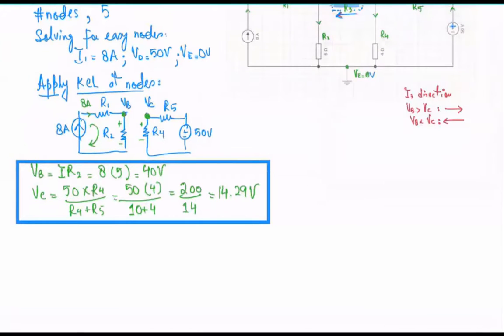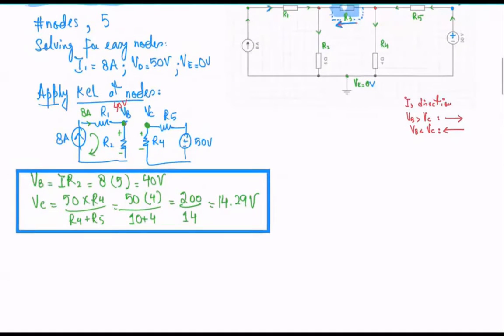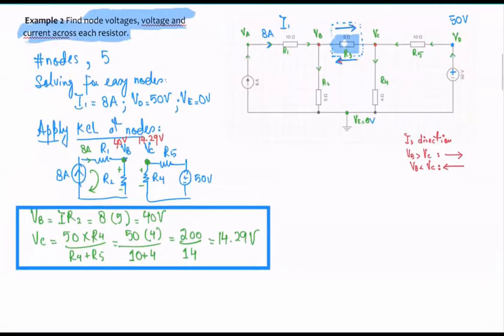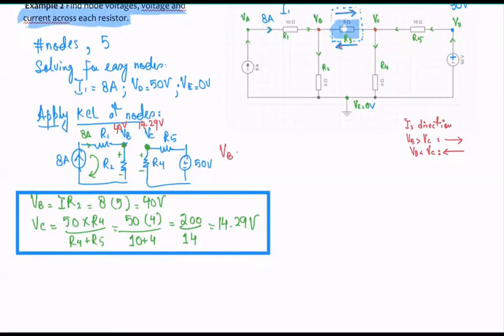If I plug in these values, VB is going to be 40 volts here, and VC here is going to be 14.29. Now if I ask you, what is the direction of the current going to be? Based on this approximation, obviously VB is greater. Our analysis is that VB is greater than VC, with approximate values VB being 40 and VC being 14.29.